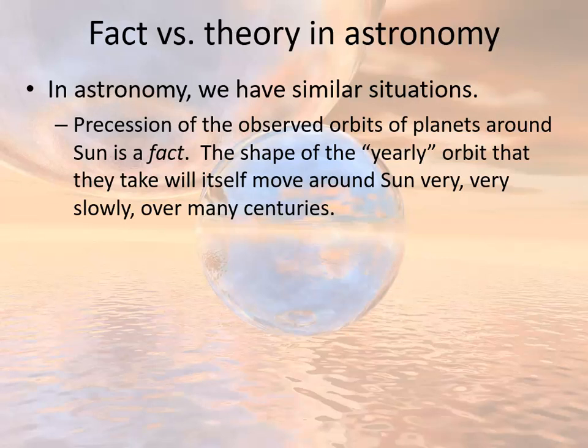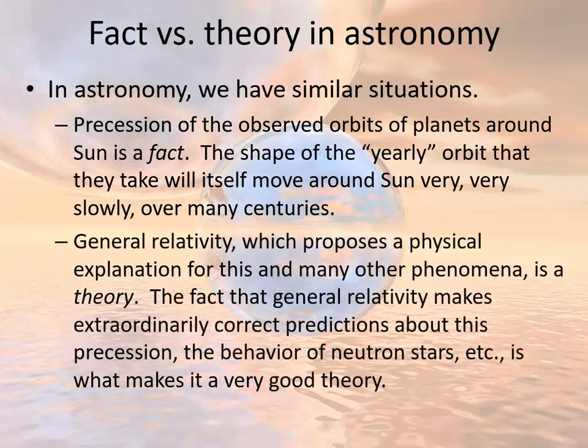Isaac Newton's theory of gravity is not sufficient in explaining that fact. In other words, his idea of gravity seems to have a hole in it. Well, as it turns out, general relativity proposes a physical explanation for that precession, that shift relative to the background stars that occurs over many orbits. And it explains a whole lot of other phenomena as well. So we call general relativity a theory.